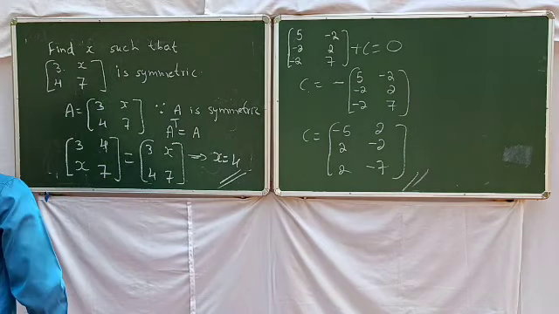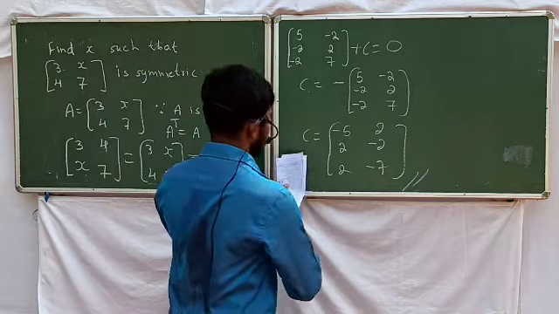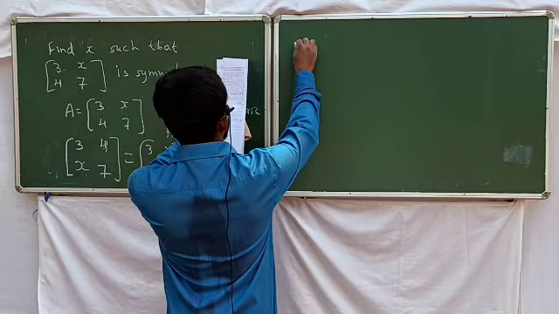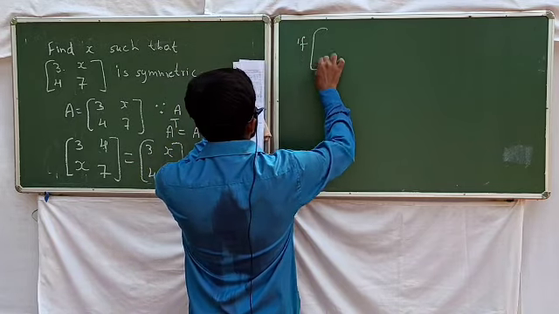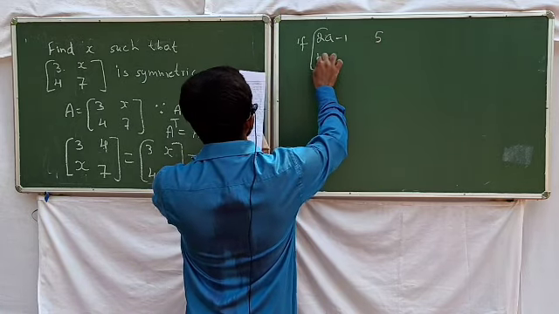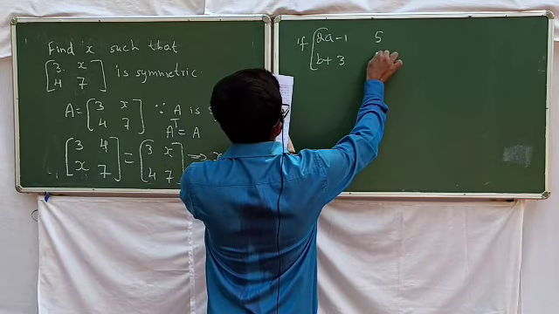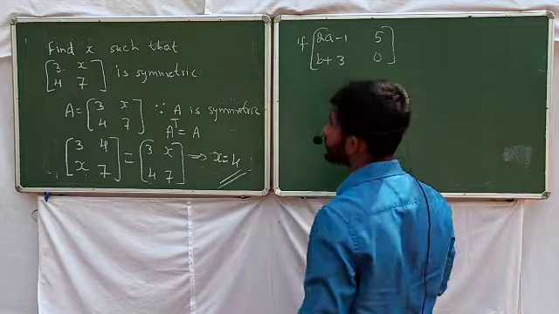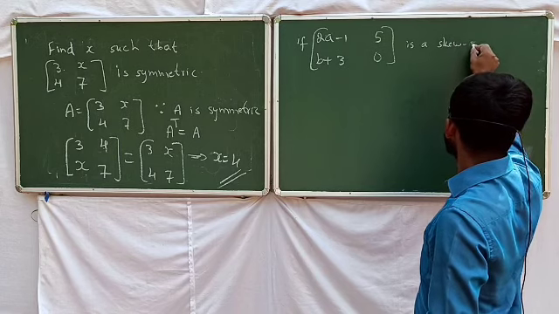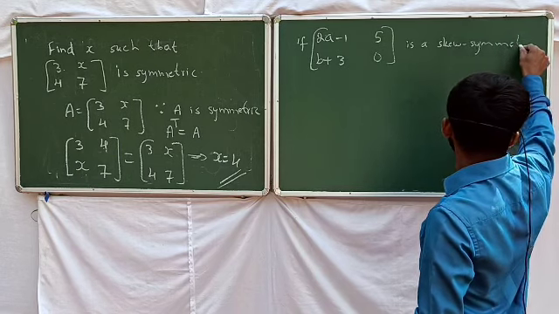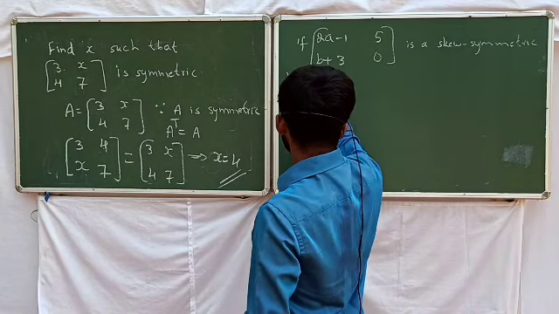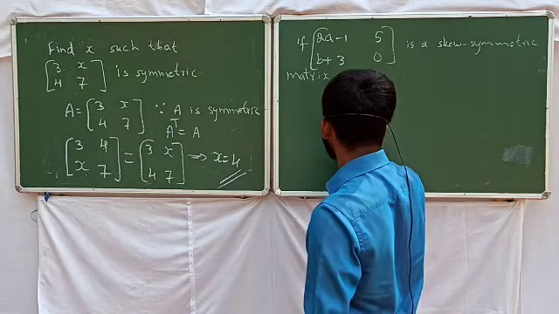Now see next question. If the matrix [2a minus 1, 5; b plus 3, 0] is a skew symmetric matrix, find a and b.